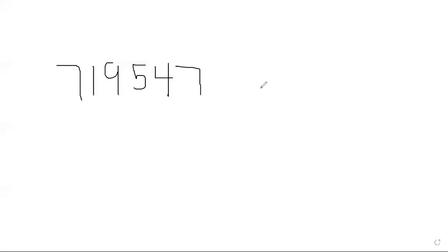All right. The last one I'm going to do is when we compare the digits in the same number. Nothing changes. So in 719,547, I'm going to compare the 7 in the 100,000s place to the 7 in the ones place.